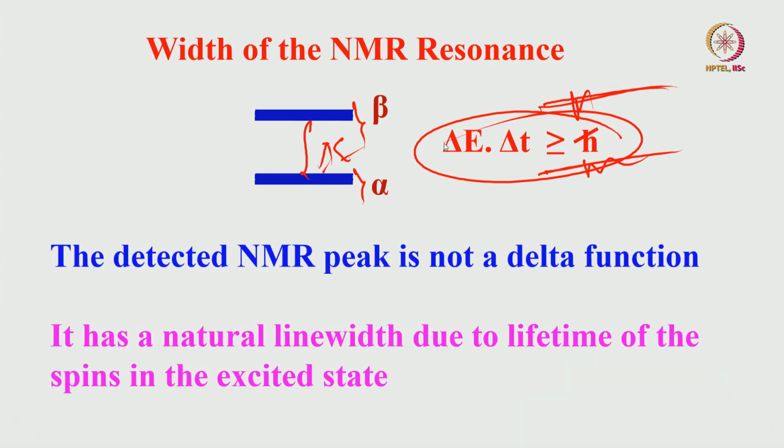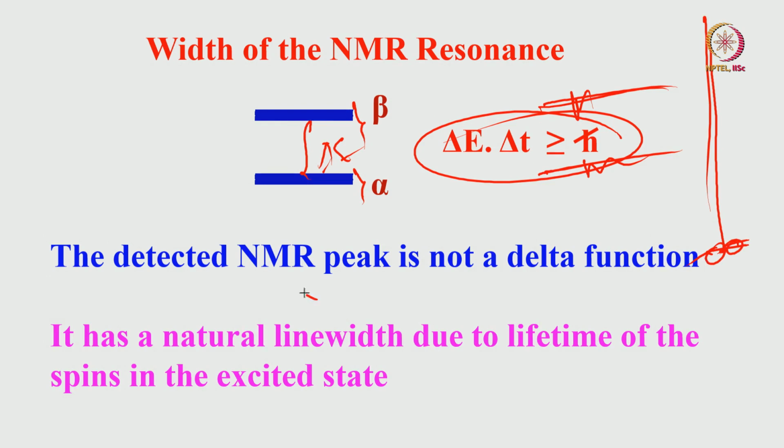Now, the detected NMR signal because of this is not a delta function. If it is a delta function, there is no width, it is sharp exactly at the 0 value, the height is infinite, and anything outside this it is 0. So, that means there is no width at all for a delta function.